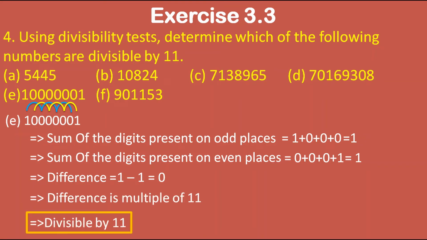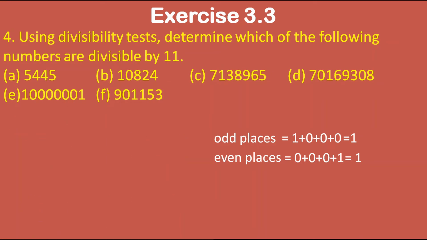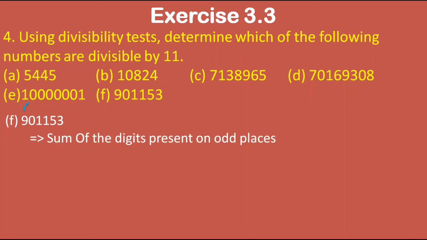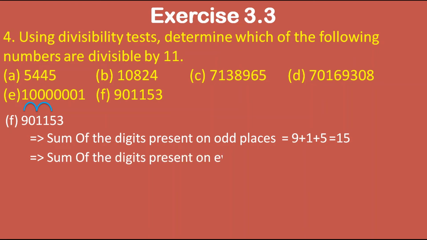Okay, now let's move to the next number. Here it is. As per the rule, let's find the sum of the digits present on odd places, which are 9, 1, 5. When we add them, we get the answer as 15. Now we have to find the sum of the digits present on even places, and those are 0, 1, 3.